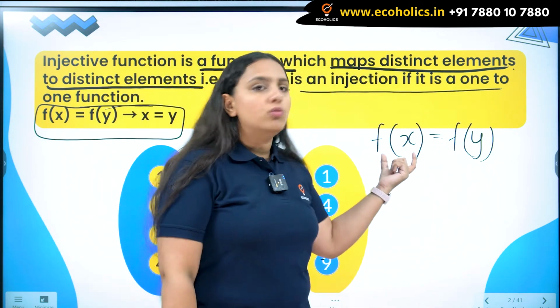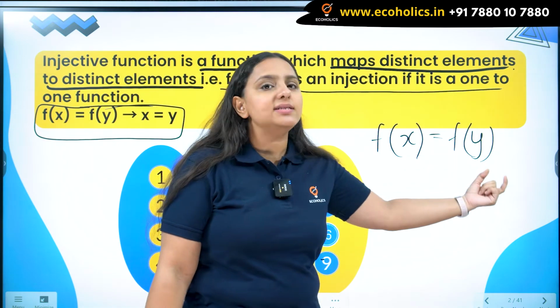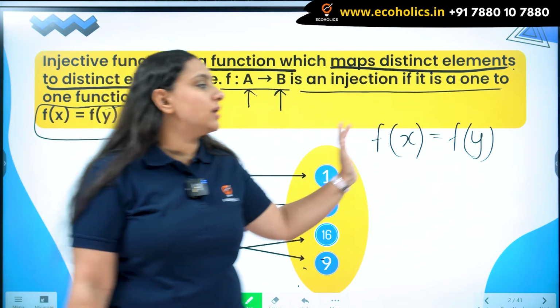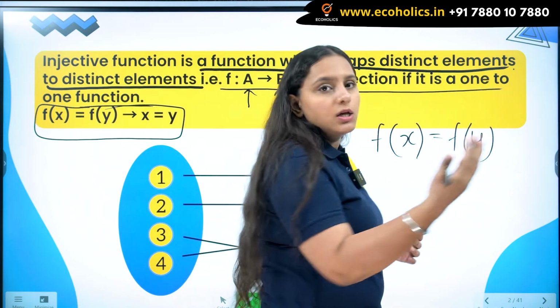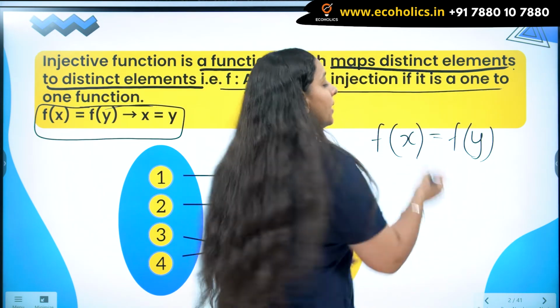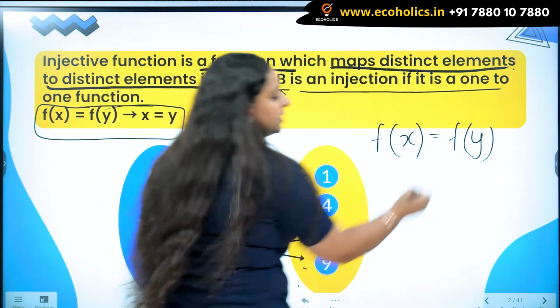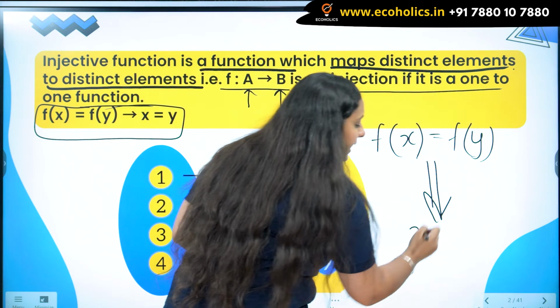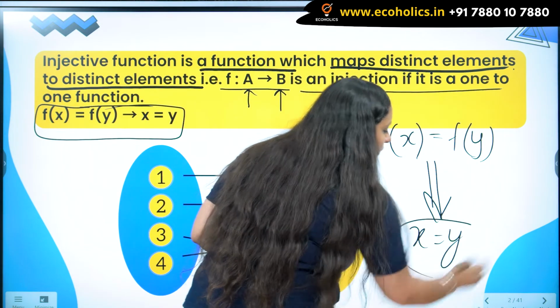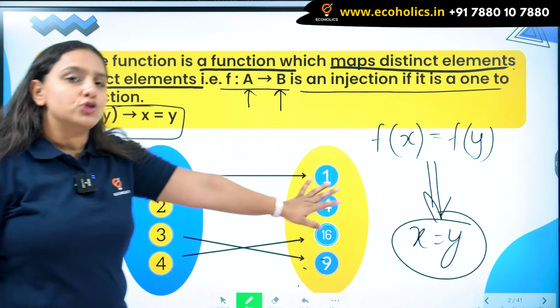So the value x is taking and the value y is taking are exactly the same. It means they are going to the same element. If that were the case, the function should not be injective. But by working with this, if towards the end I can prove that x is equal to y only, I can show that my function is injective.